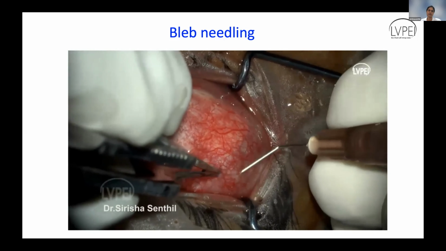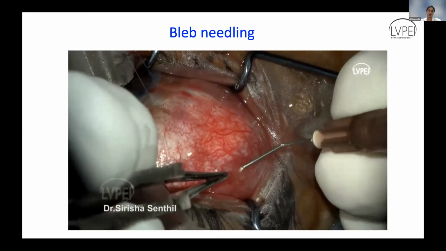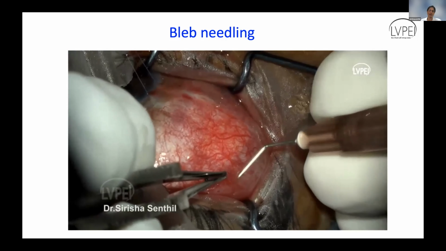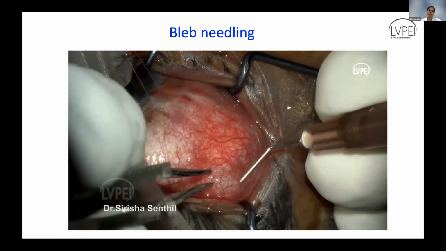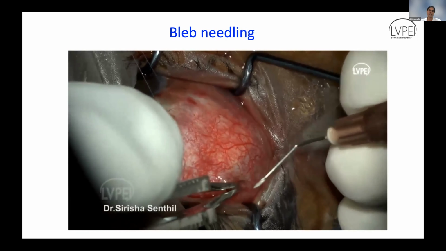I prefer to do it a little bit superior and onto the nasal, so that a large bleb forms in the superior area rather than becoming a huge, chemosed conjunctiva temporarily that can cause a Dellen and things like that.